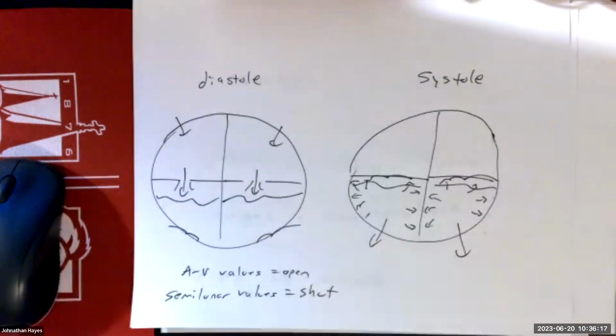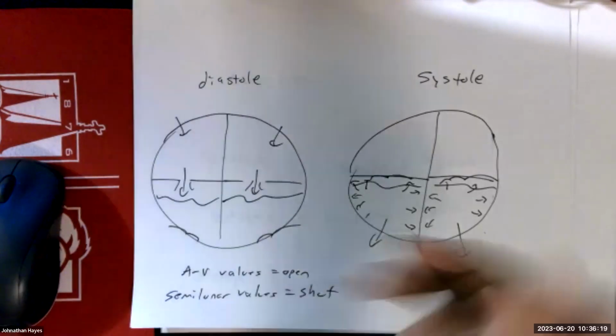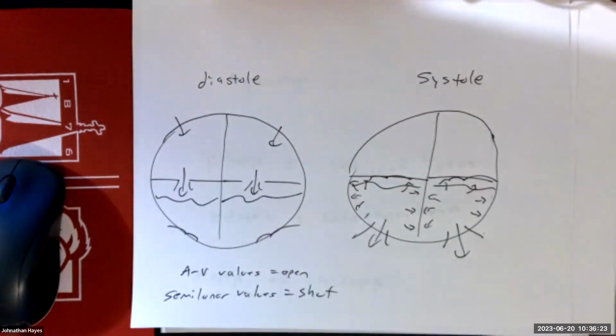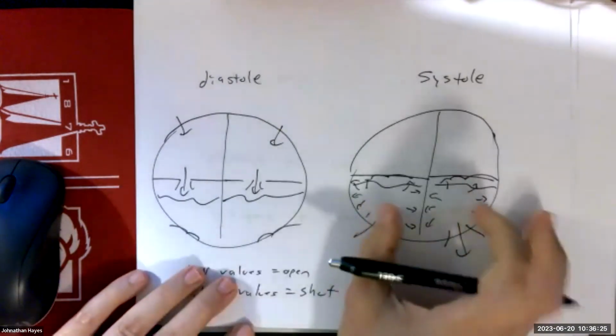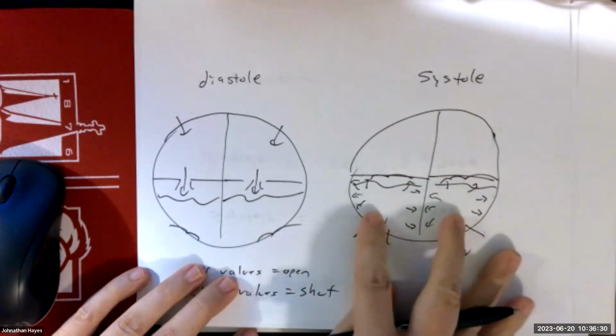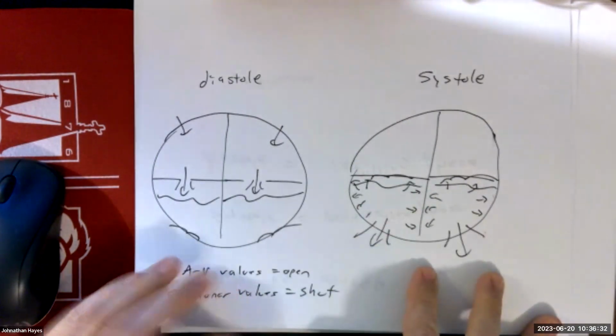We'll get more specifically into the timing of that in just a little bit. It'll force the semilunar valves open, right? But we needed to overcome pressure in here first. So we had to build up some pressure in here first, but now the heart can eject blood out, right?